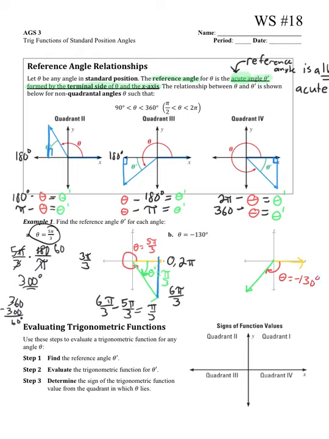And then I have to think about, how do I form a triangle with the x-axis? That's right here. So that's where my reference angle is going to be, theta prime. All right, I'm in quadrant 3, and in quadrant 3, that means I'm going to have to do this method right here, theta minus 180 degrees, because I'm in quadrant 3.